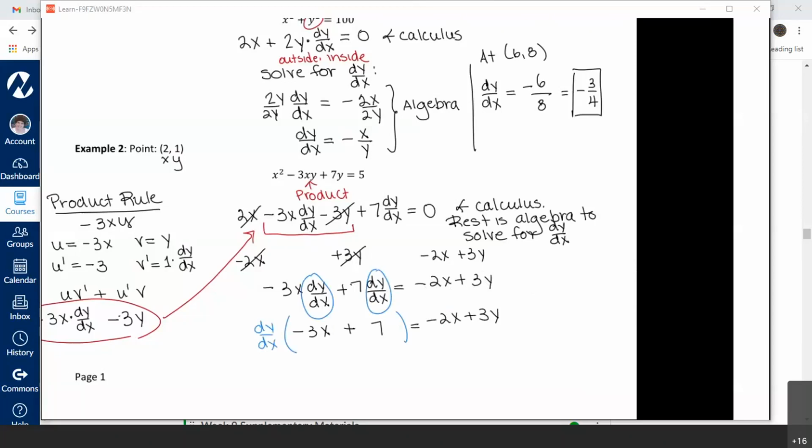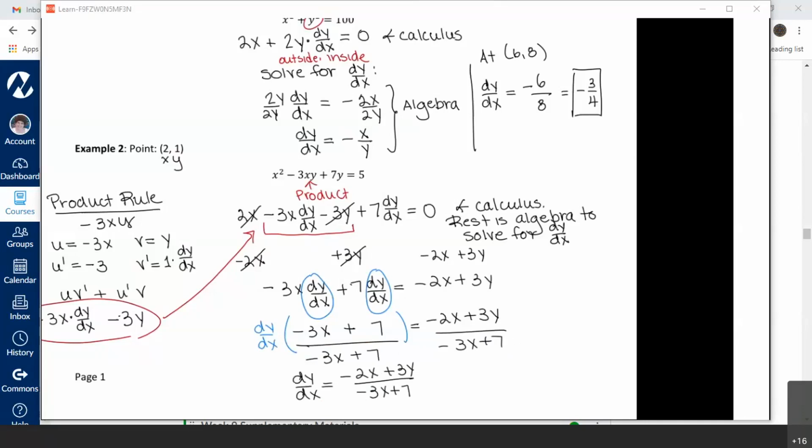Now in order to solve for dy/dx, you need to remember this is a multiply between dy/dx and the parentheses. So all you need to do is divide by the parentheses on both sides. And you get dy/dx equals minus 2x plus 3y over minus 3x plus 7.